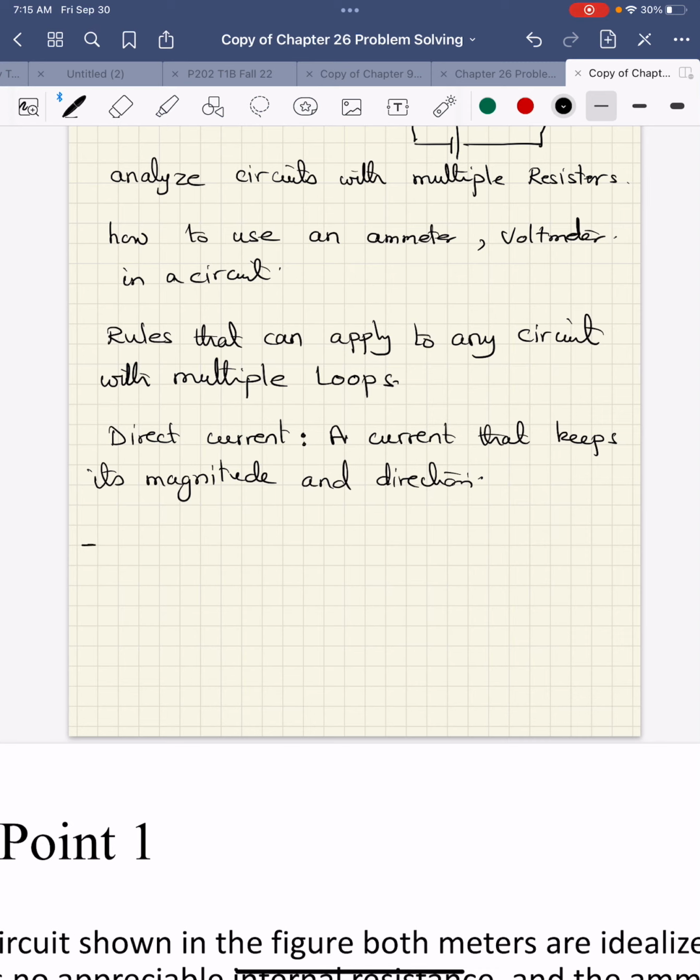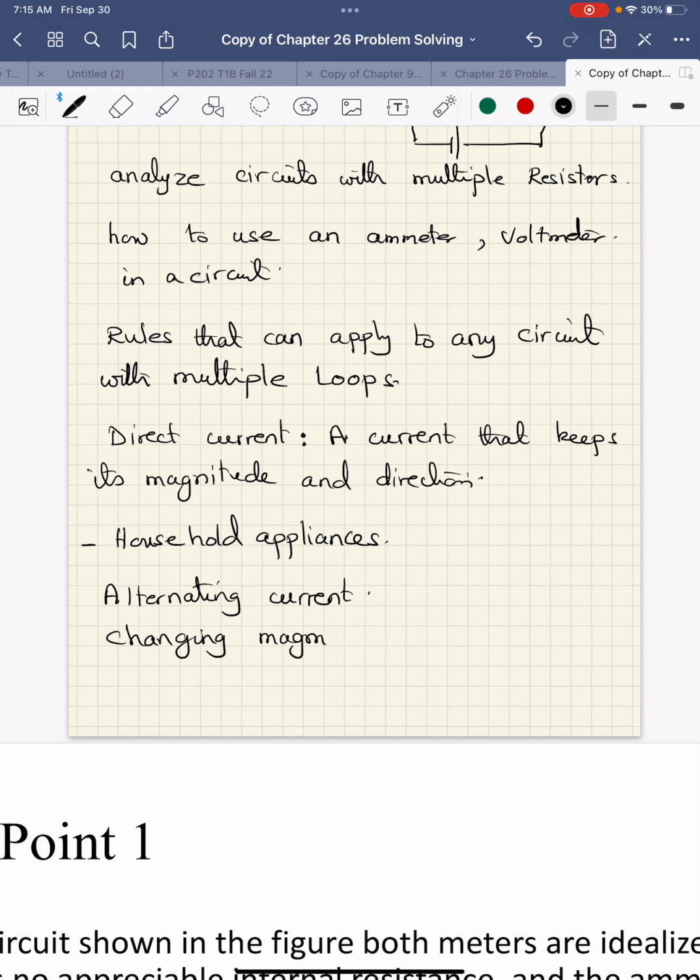Now, when we move to household appliances, like your fridge, washer, dryer, we have what is called alternating current. And that keeps on changing magnitude and direction all the time.